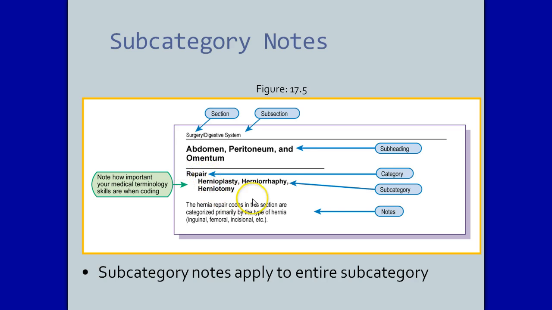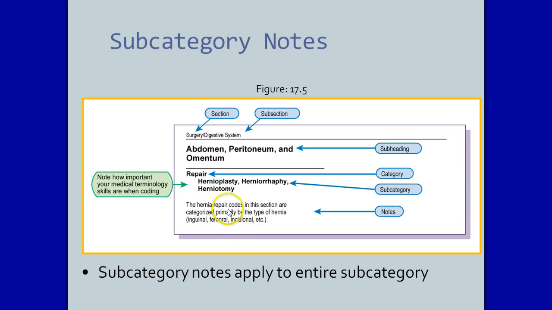So repair, subcategory, notes that apply to here, and this is exactly what the CPT book says. If you turn to this page right now in your CPT manual, you will see that it says the hernia repair codes in this section are categorized primarily by the type of hernia, and as you can see, there are different types: inguinal, femoral, and incisional. So it does not matter.